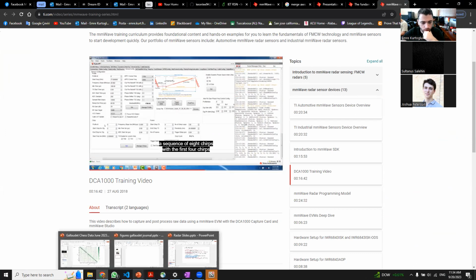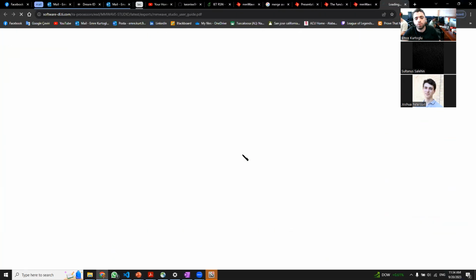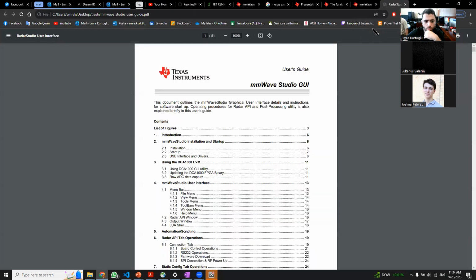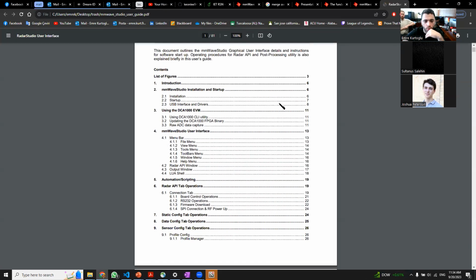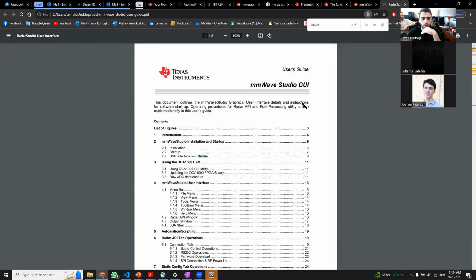Now, another resource is the MMWave Studio user guide. That video is also probably using this. So I'll open it up. This is a bit long, but it's very useful, especially the part where you install the drivers.